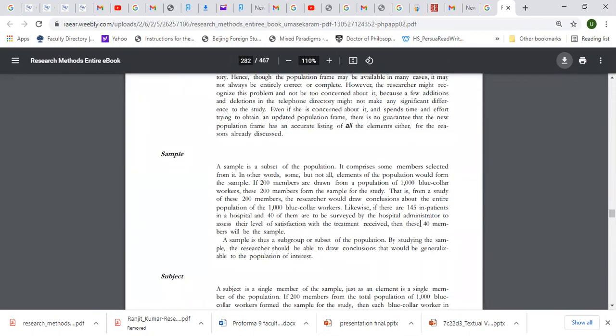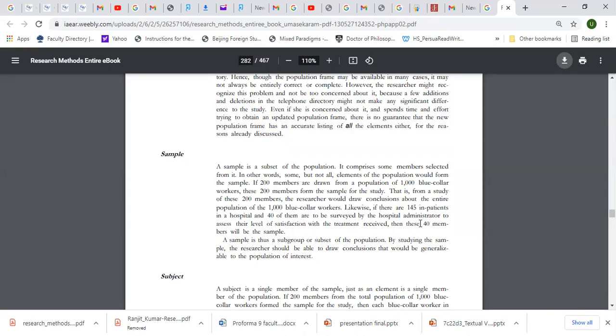Sample is a subset of the population. It comprises some members selected from it. So what is sample? We've already talked about population. You take a population from the population frame, and from that population frame, the selected members of the study is called sample, from which you have actually collected the data.